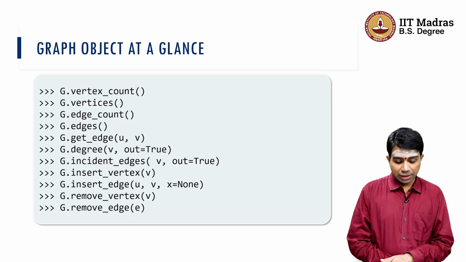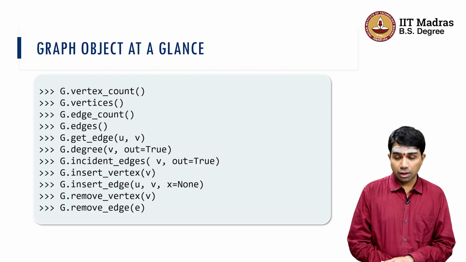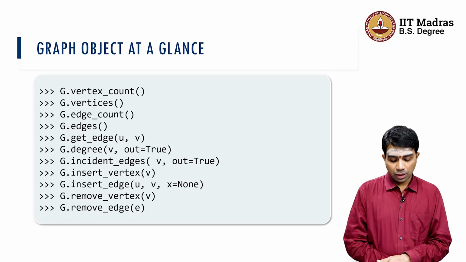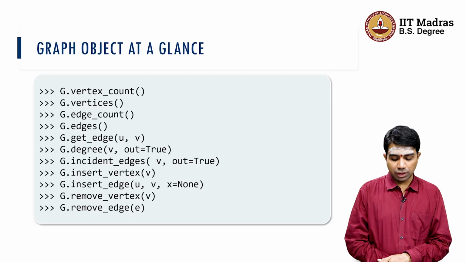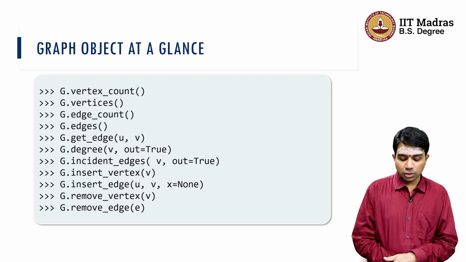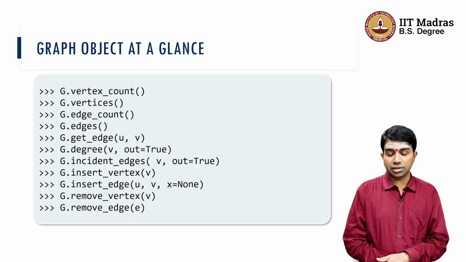And similarly, degree tells you the number of neighbors of a given node, and typically it gives you the out degree if it is a digraph, but in an undirected graph, it will give you the full degree, so to speak. And there are also methods that support the extraction of incident edges.